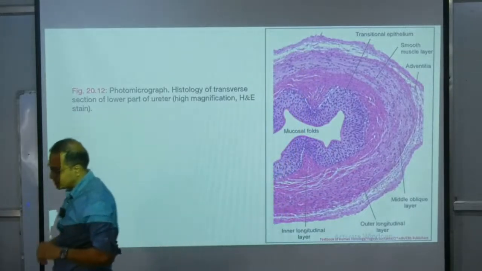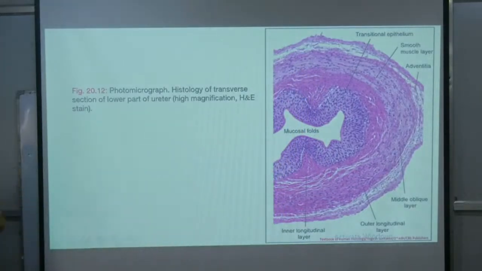The muscle layer is quite thick, and the urothelium lying there, this epithelium, is also different in the case of the uterine tube. But anyway, we are restricting ourselves to this part, which has the urothelium lying in here. Then we have the lamina propria, then deep to it a muscle layer which is quite thick.